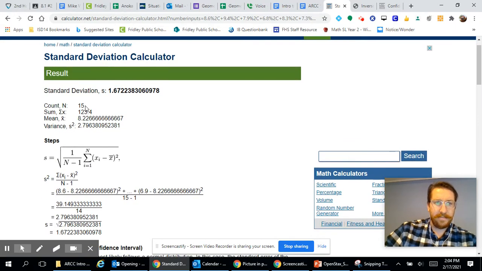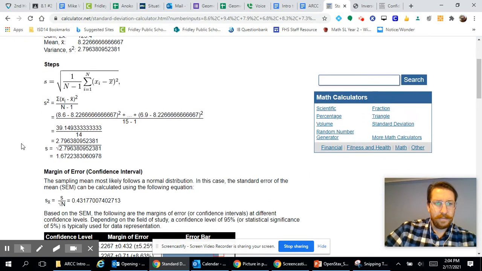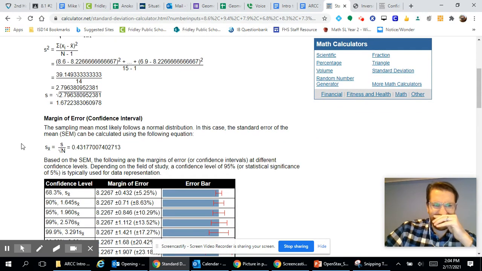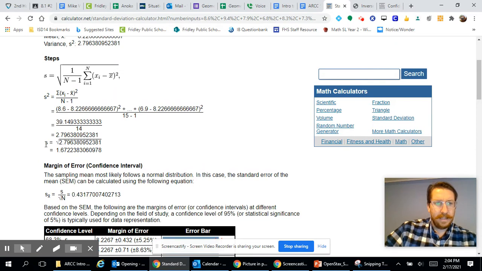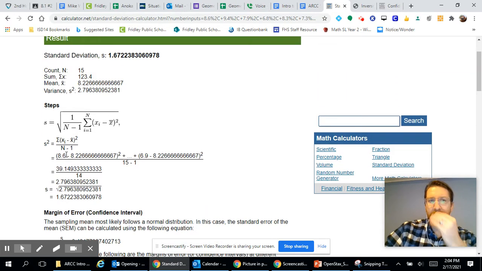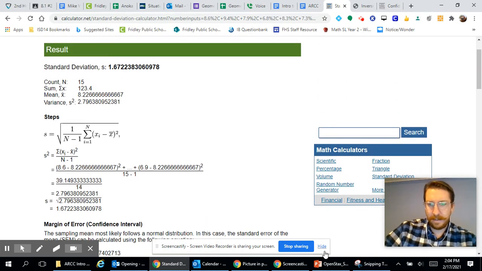They tell me there were 15 pieces of data with an average of 8.266, and down here, they tell us that the sample standard deviation is 1.6722. So it gives me all of the numbers that I need.